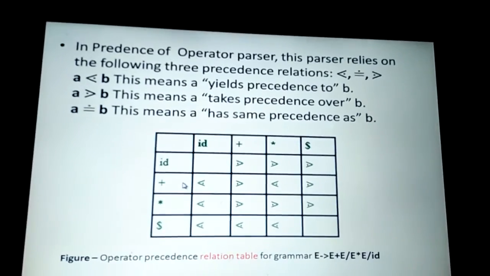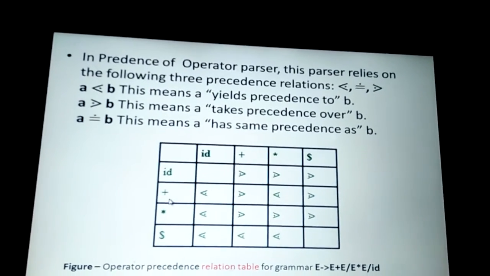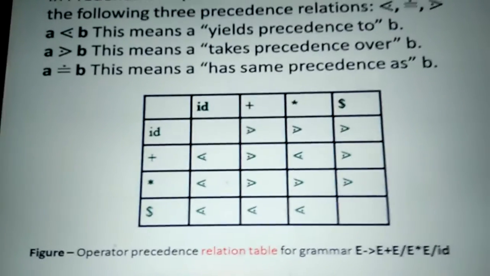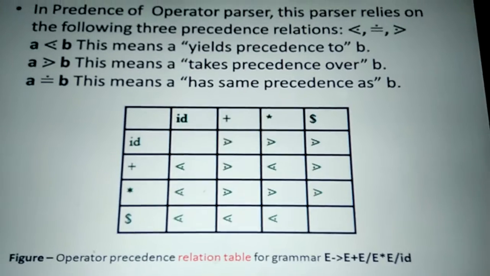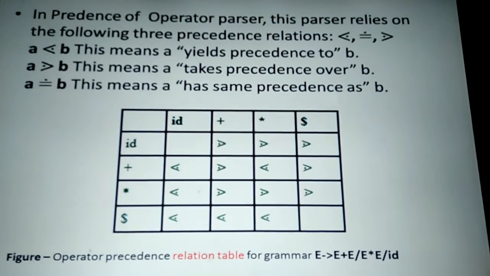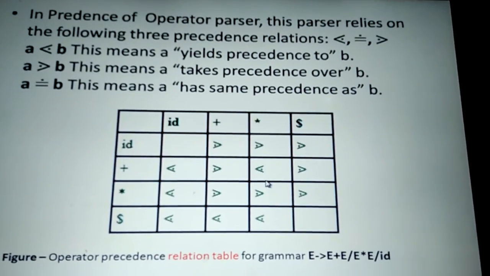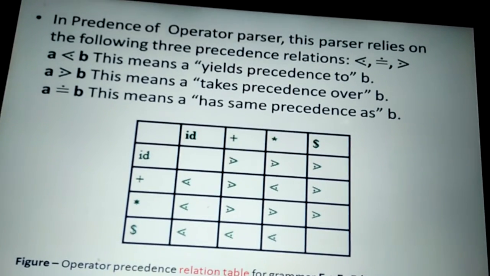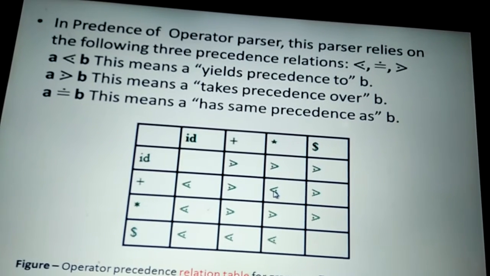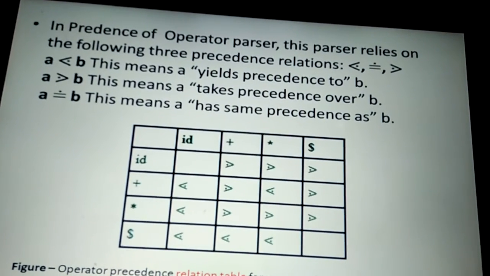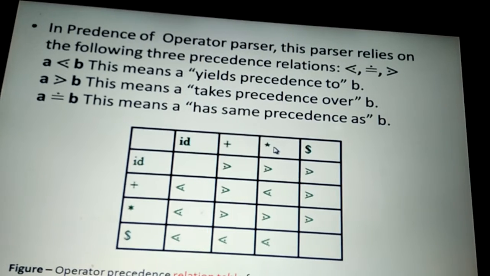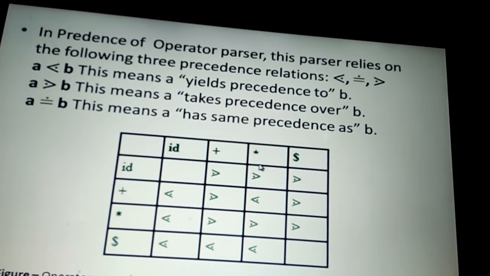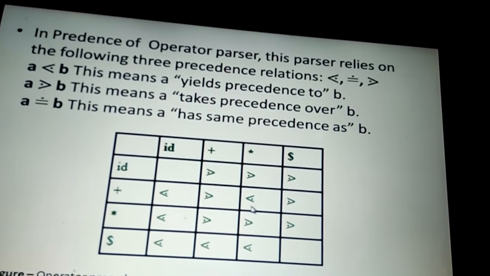So here naturally, moving from left to right, there is a comparison between plus and the multiplication, and the multiplier takes over. So plus has less precedence as compared with the star, so it is the less relation.